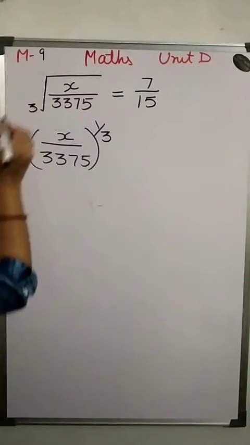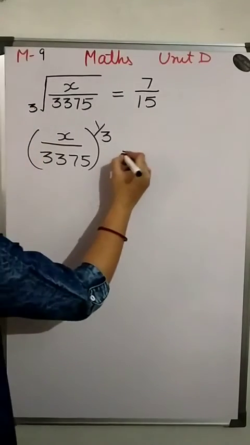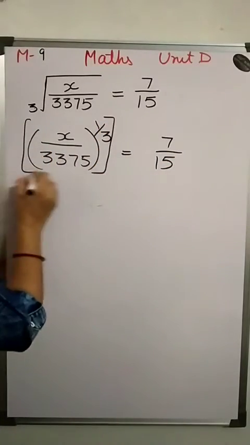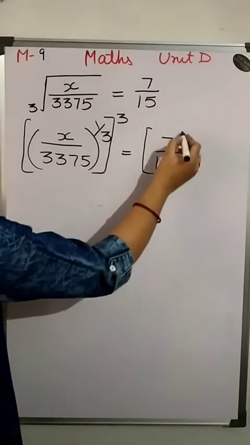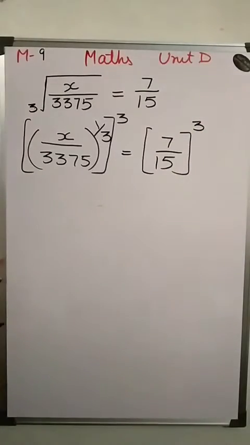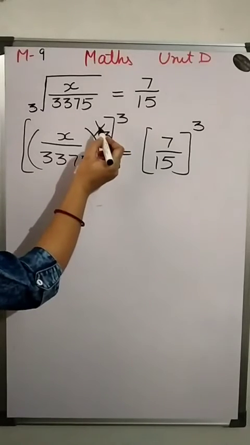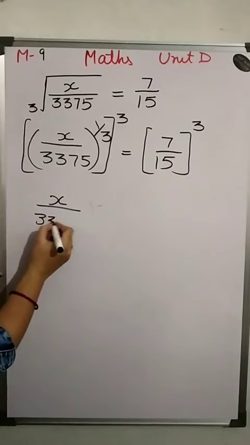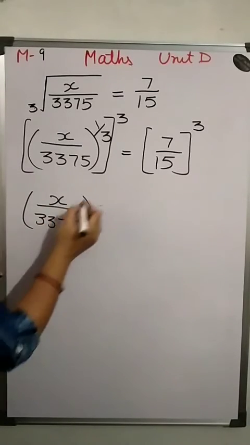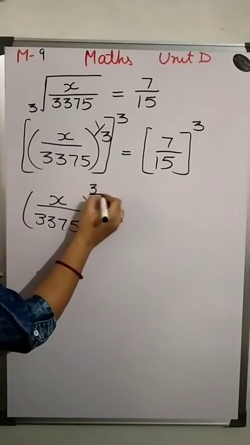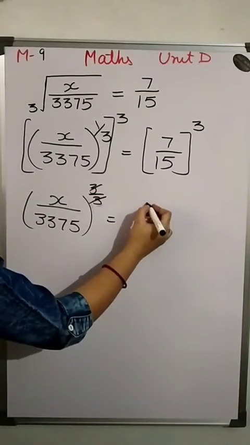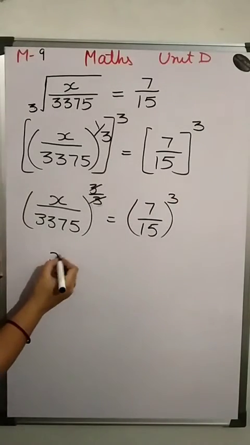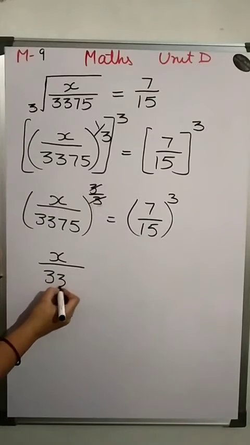Okay, the question is this one, and it is equivalent to 7 upon 15. If we cube this number, then we have to cube this number also. Whenever numbers are like this, we multiply the powers. So it is 3 upon 3, and we can cancel this. So it is 7 upon 15 whole cube, and it is x upon 3375.